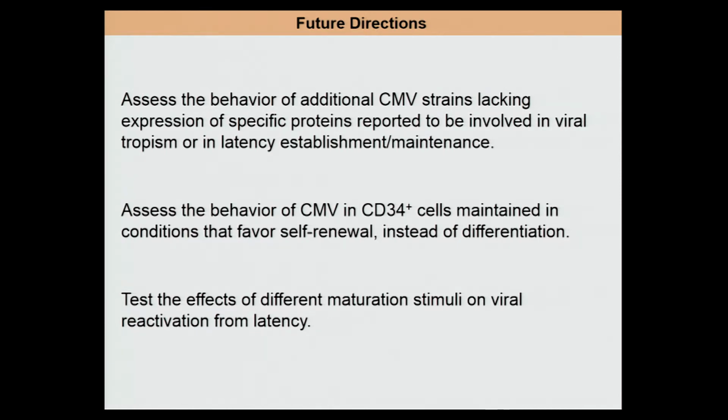And the future directions for this work are to assess the behavior of other CMV strains that lack specific proteins that are involved in both virotropism and latent establishment, assess the behavior of CMV in CD34 cells that are maintained in conditions of self-renewal instead of differentiation, and to test the effects of different maturation stimuli on viral reactivation and see if we can get this reactivation.